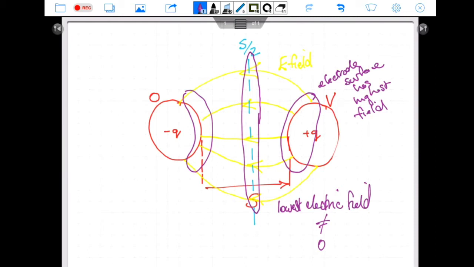There is a place here where the field does equal zero, but it's actually in the electrodes itself. Remember, your charge always sits on your outside. And that cancels out in the middle. So it's only in the middle of the sphere. It's not anywhere between the spheres.